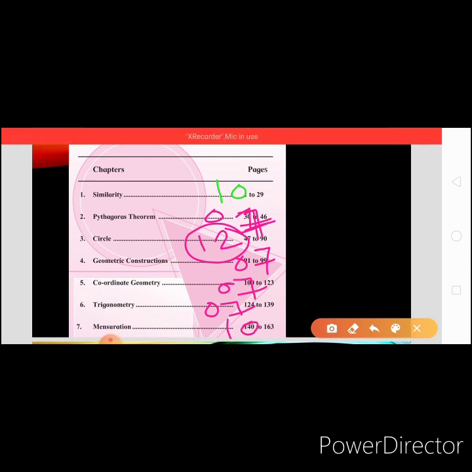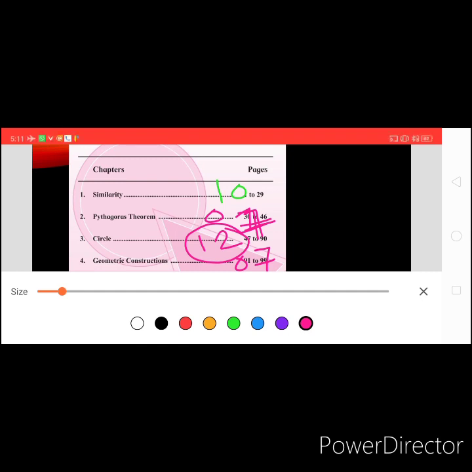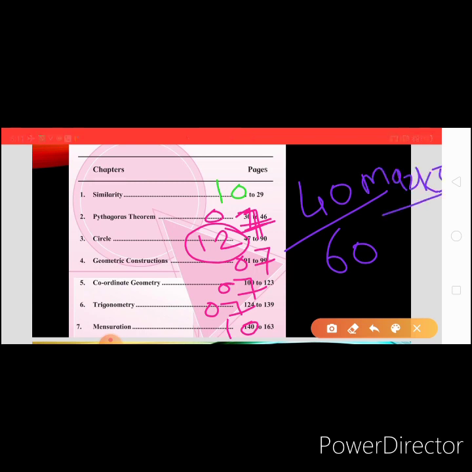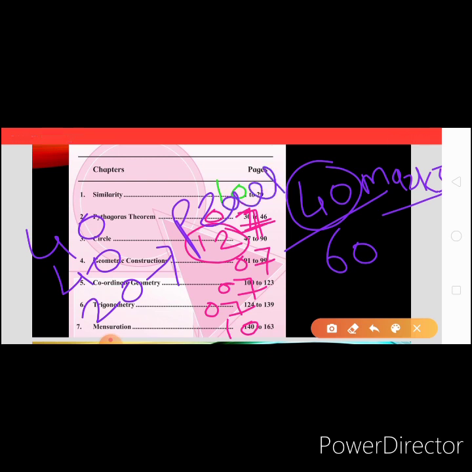Means friends, all the chapters' total marks are again 60, and out of this 60 you have to solve 40 marks of questions. So part second is also of 40 marks. For 10th standard, part first is of 40 marks, part second is also of 40 marks, and the remaining 20 marks are for your practical or oral.